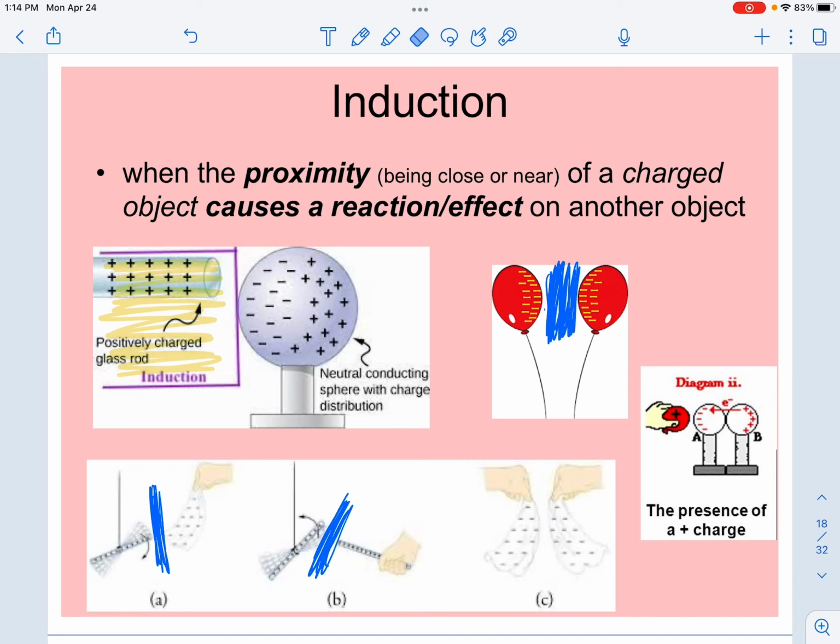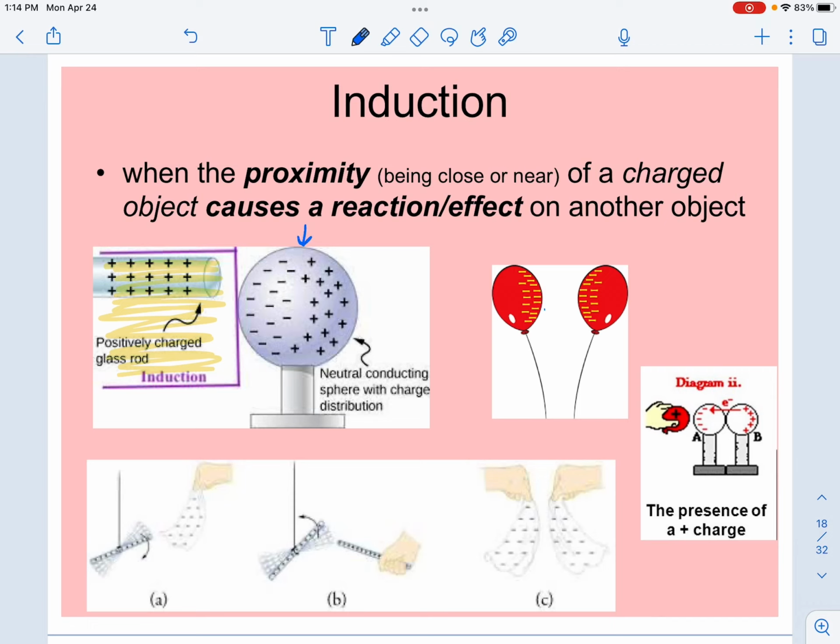For induction, as long as my object has an electric charge, if we bring it close enough to another object, it's going to cause a response or a reaction. Now, what is that reaction going to be? It depends on the other object, okay?